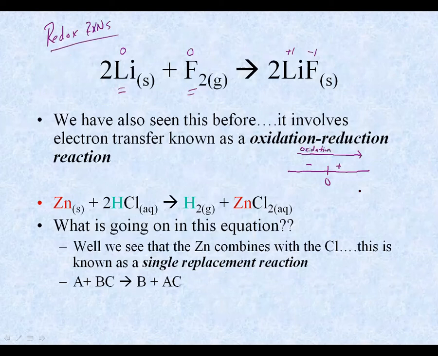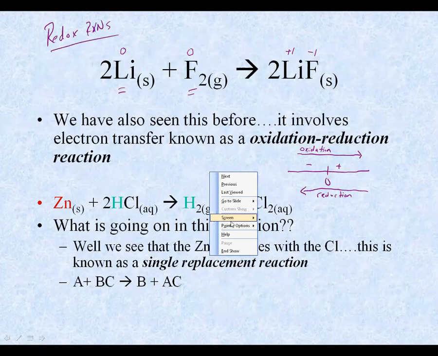And when things become more negative, heading in that direction, that is when things gain electrons, and reduction occurs. And again, because they gain electrons, they have more negative than positive, so they become negatively charged. So we could use something like this number line and look at the differences in the charges.